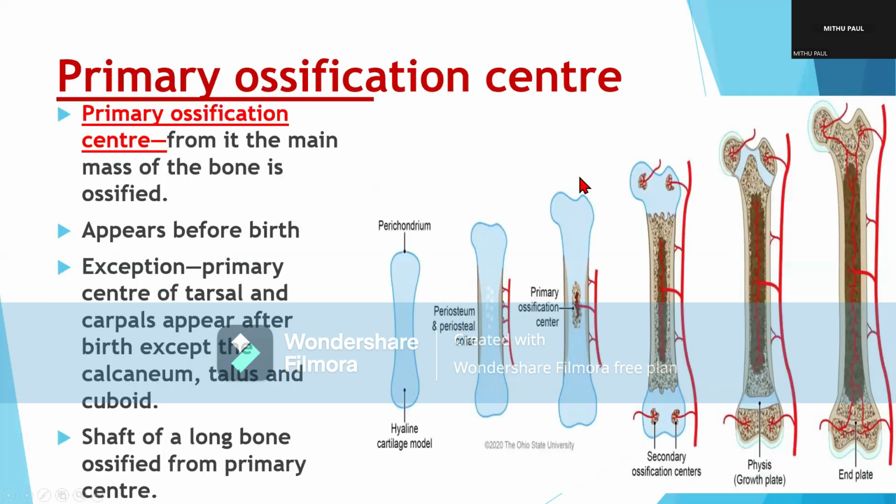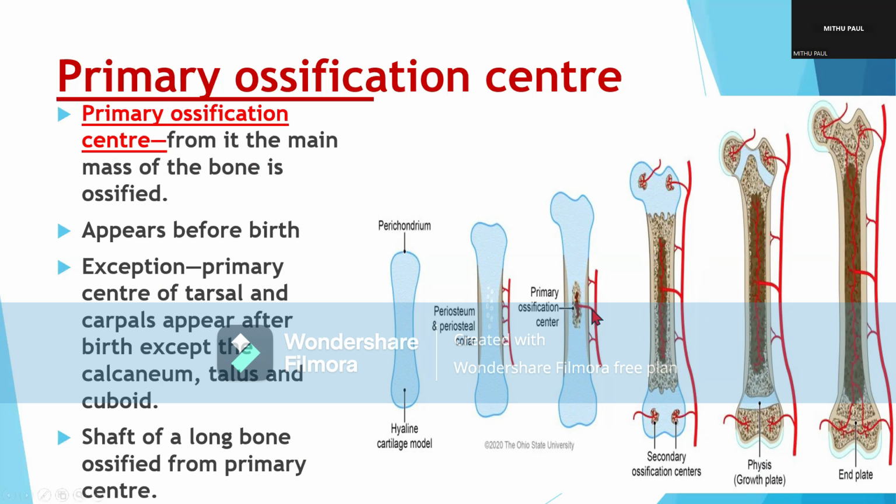Now, to speak about the primary ossification center, take the basic model of a long bone. This is the first perichondrium-covered cartilaginous model, where, because of the establishment of vascularity, the ossification starts. The ossification center first appears in the shaft region of the growing long bones, and these develop before birth.